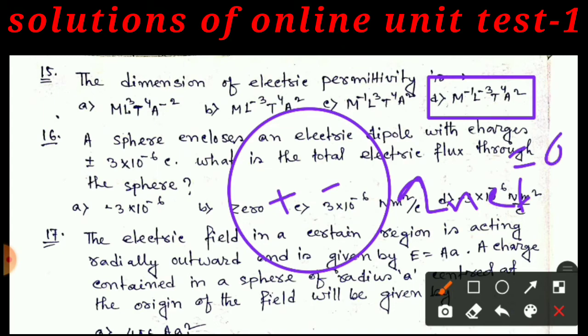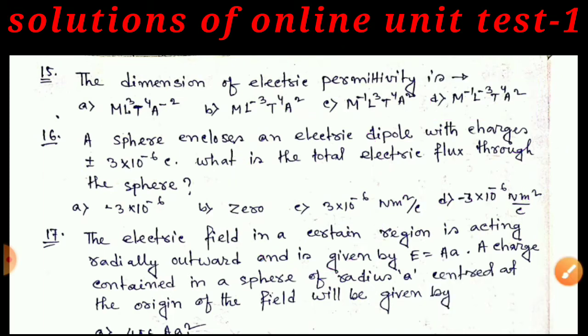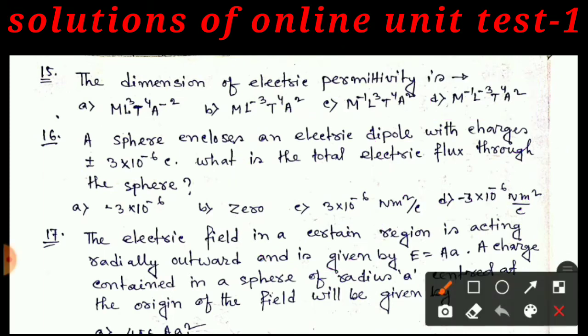So total electric flux is 0 here, because we know flux phi is equal to q by epsilon naught. So net q is equal to 0, that's why total flux will be 0. So option B is the right answer.